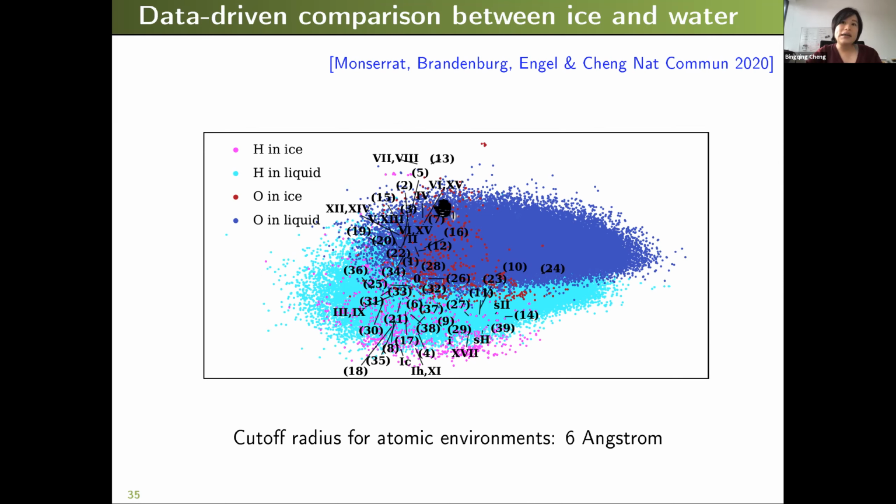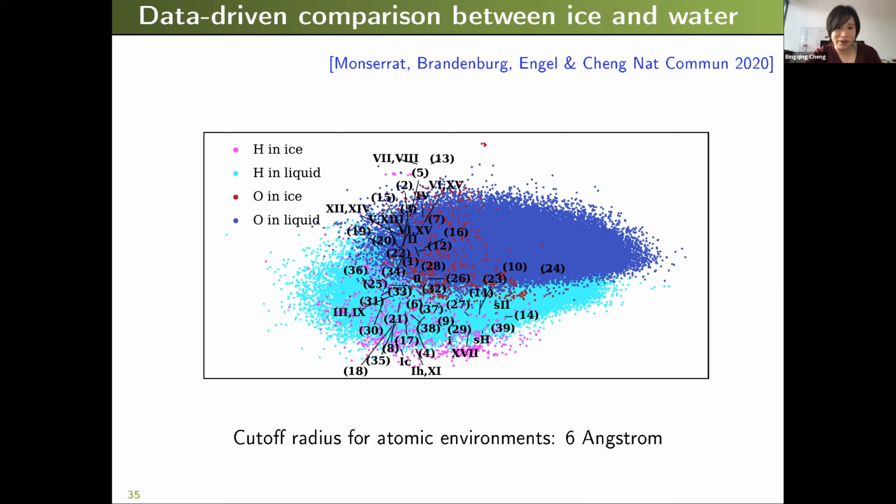In that case, you see the atomic environments observed in the ice phases, which are these sparse red and purple dots here. And we compare them with the atomic environments in the liquid water configurations, which are these light and dark blue here.